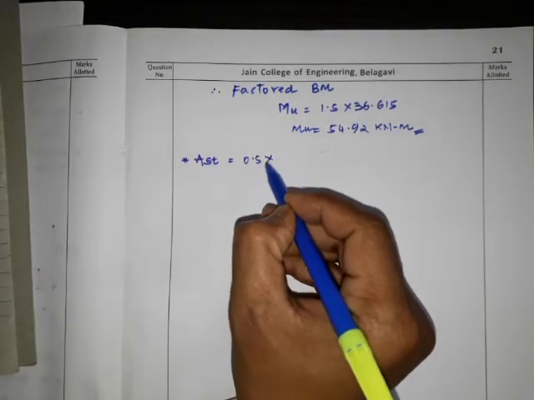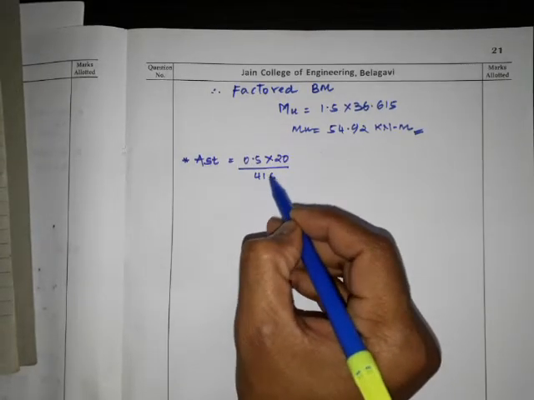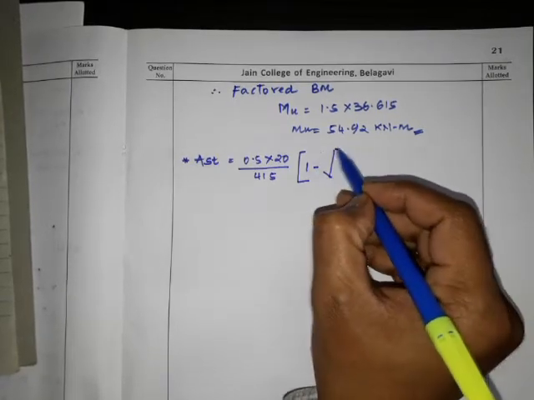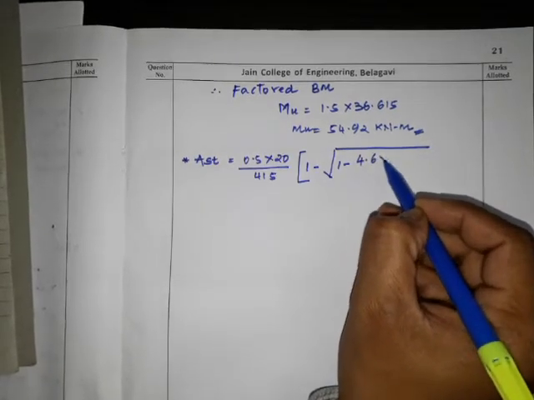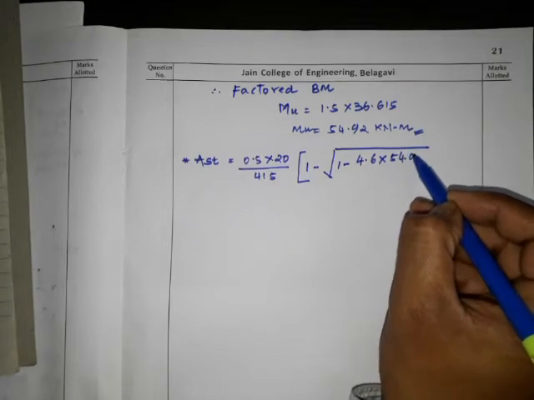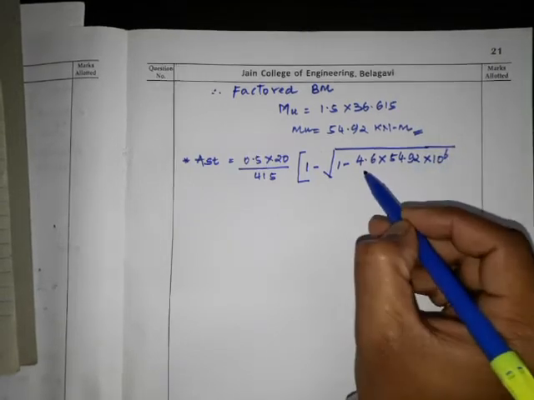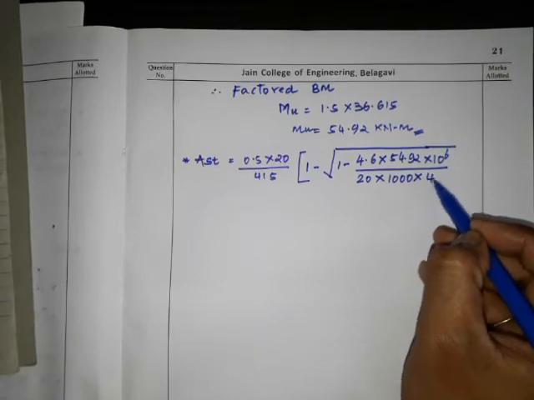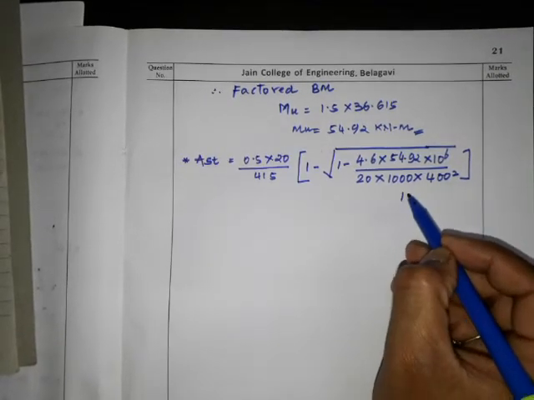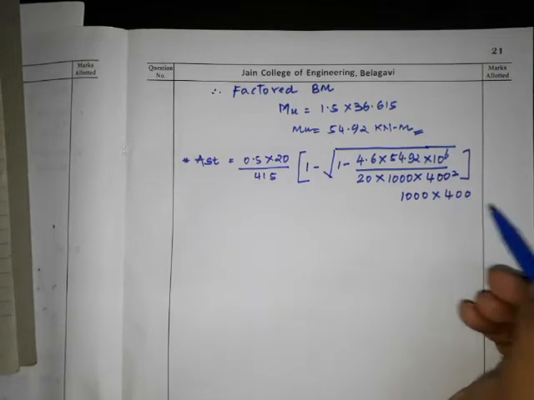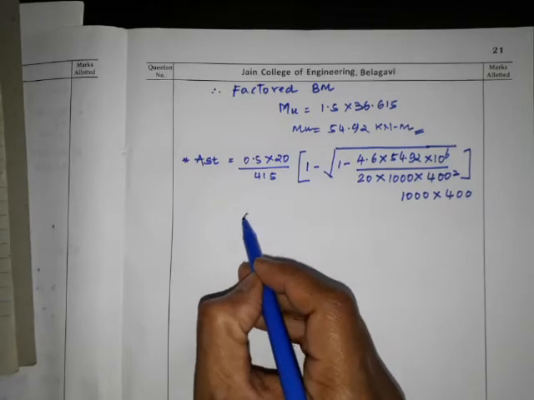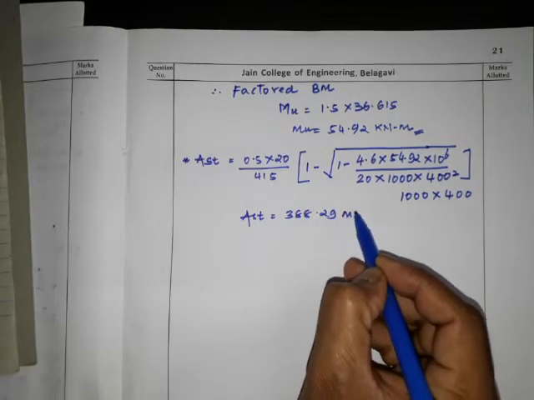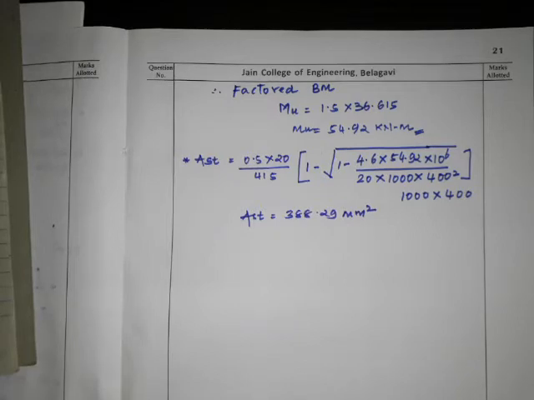So 0.5 fck, fck is 20, upon fy is 415, into bracket of 1 minus square root of 1 minus 4.6 Mu, Mu is 54.92 into 10 to the power 6, upon fck b d square. fck is 20, b is 1000, d is 400 square into b 1000 into d 400. So we get Ast as 388.29 mm square.